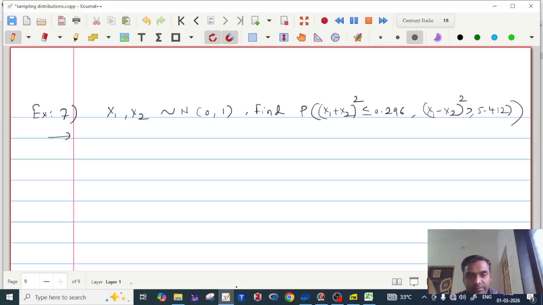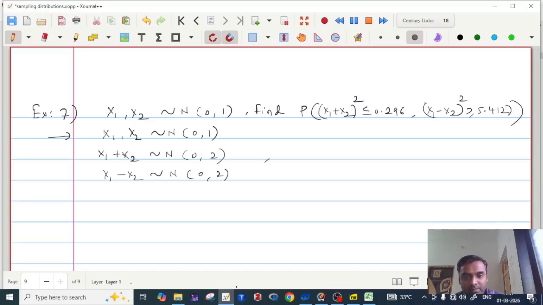Its solution. Again, x1, x2 follows normal 0, 1. x1 plus x2 follows normal 0, 2. x1 minus x2 follows normal 0, 2.